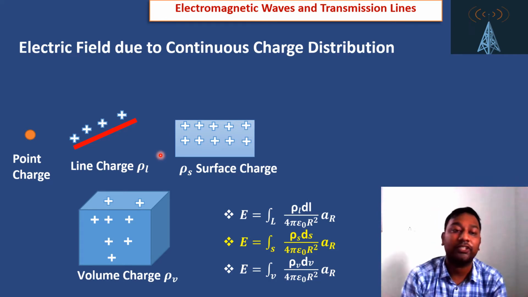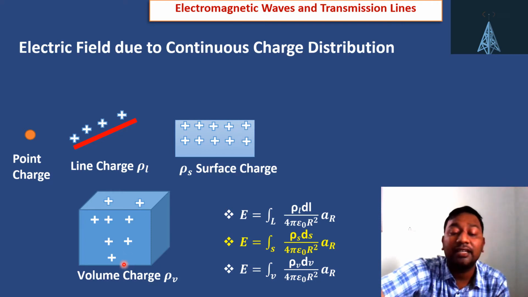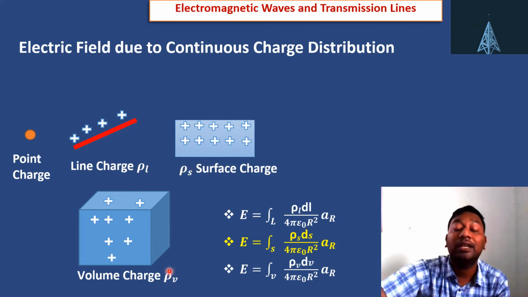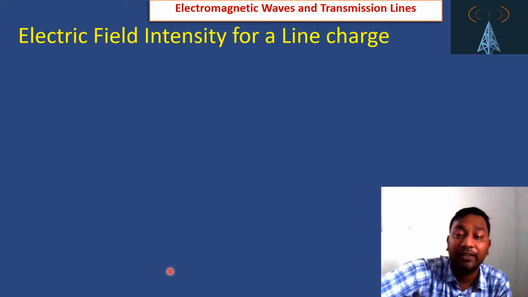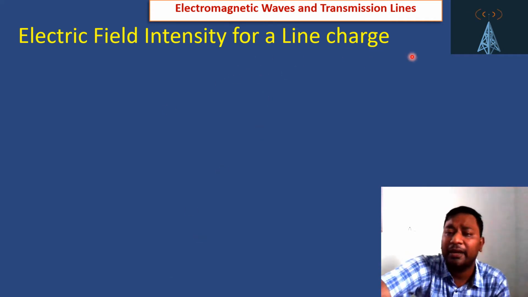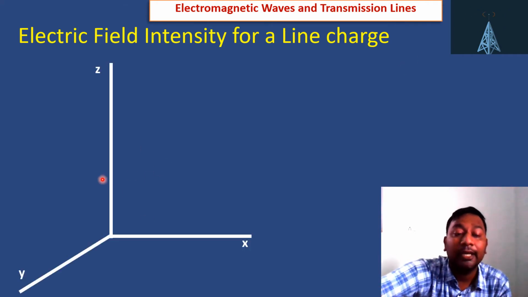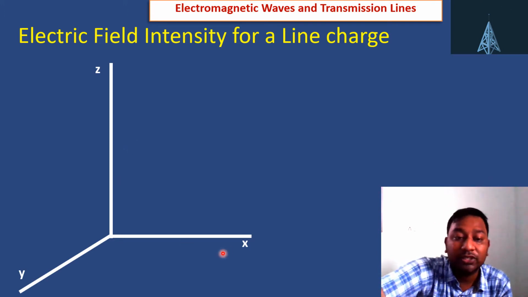So we will see line charge as well as surface charge as well as volume charge. The line charge density is rho l, surface charge density is rho s, and volume charge density is rho v. Now we will calculate the electric field intensity for a line charge at a certain particular point P. So here we are considering a Cartesian coordinate system, represented in x, y and z.